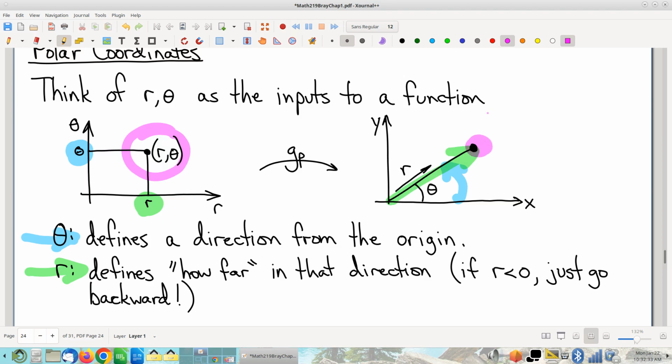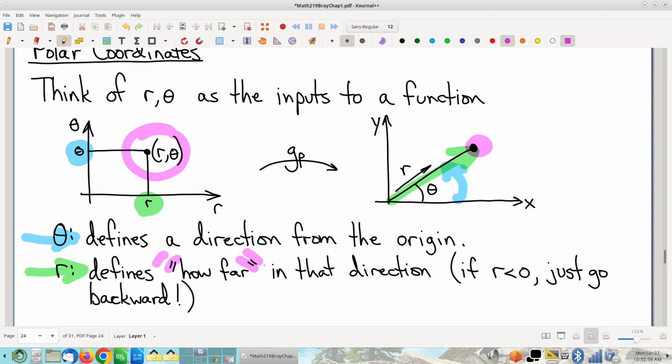When I say how far, emphasis on the air quotes here, again, we have this issue about the difference between a distance and a scalar. And I know it seems like a triviality, right? But it's an important distinction because distances are unavoidably positive, while coordinates are not, right?